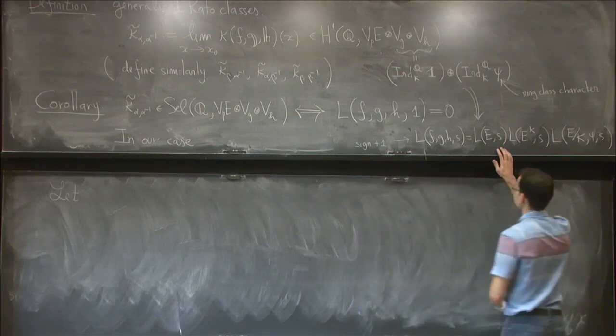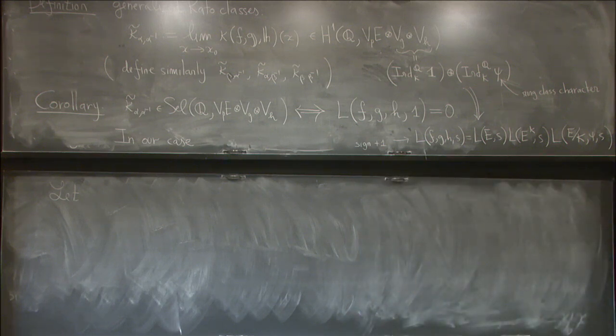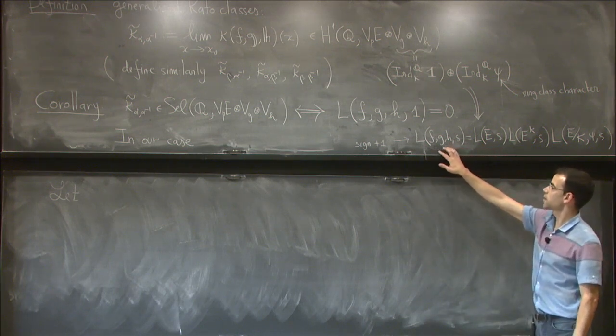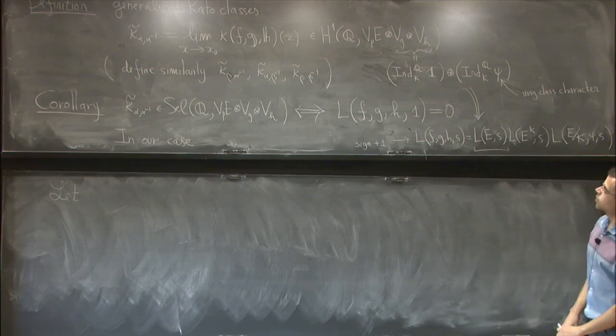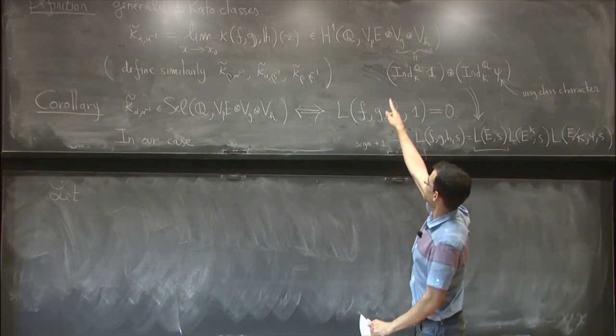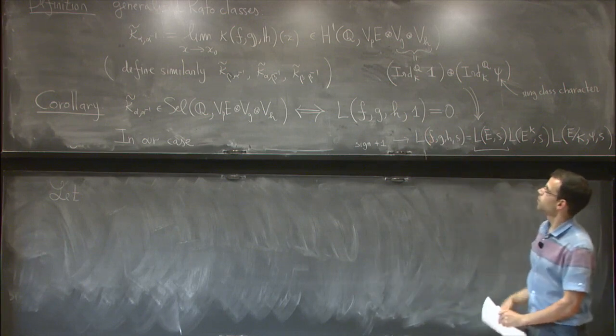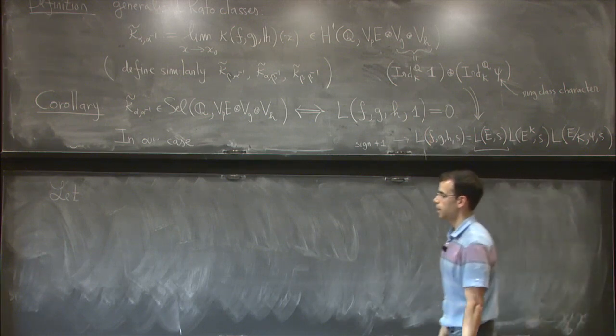But in our case, we are interested in elliptic curves of rank 2. So we're going to put ourselves in a situation where the order of vanishing 2 is concentrated in this factor. Similarly, what we're going to do is look at the projection of these classes into the part coming from the elliptic curve.